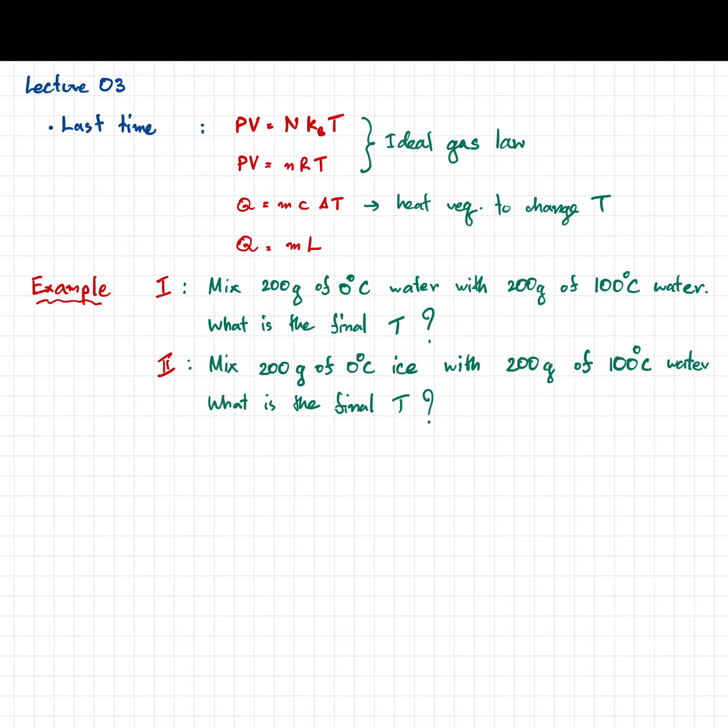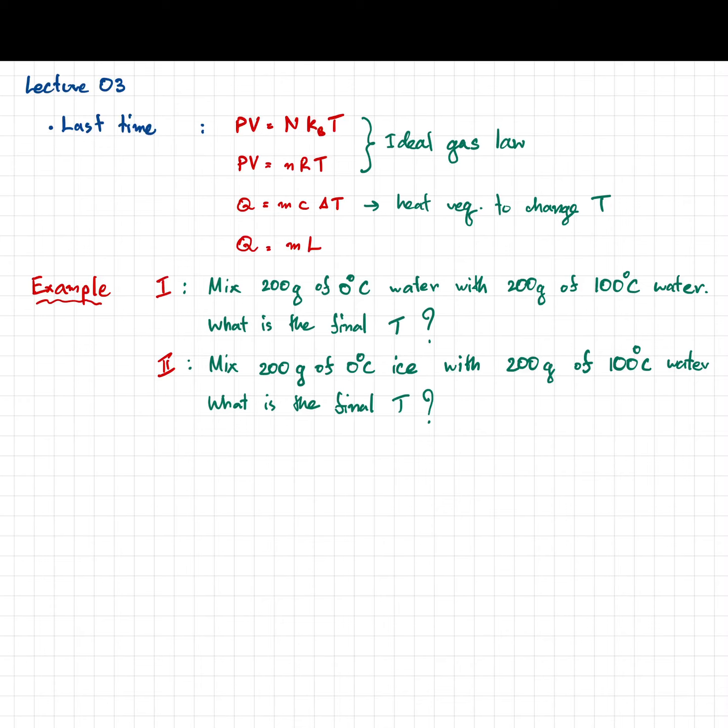If you want to reduce the temperature, you need to take away heat from that object. And everything is fine until you hit what is called the phase transition. That's when you go from solid to liquid, liquid back to solid, or liquid to gas, something like that.